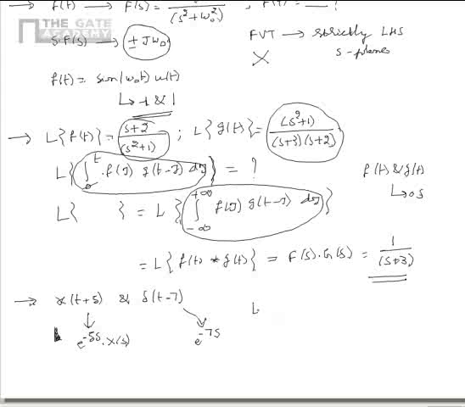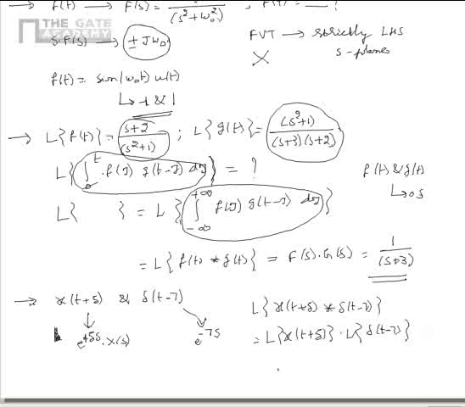From this, we can write that the Laplace transform of x of t plus 5 convolved with delta of t minus 7 is equal to the Laplace transform of x of t plus 5 multiplied by the Laplace transform of delta of t minus 7.